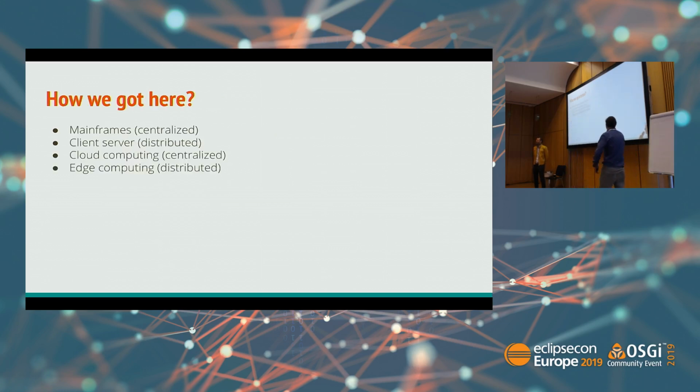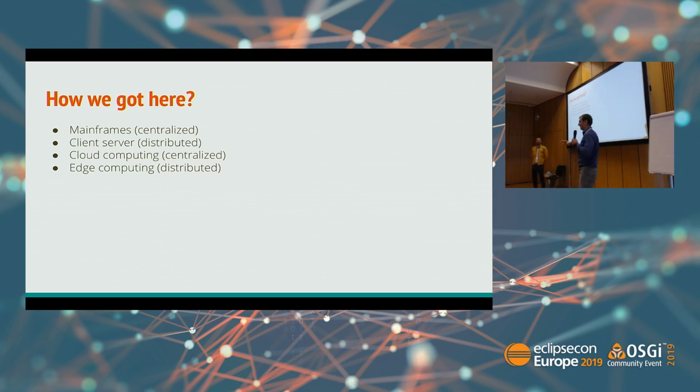I found this very useful when I was trying to dig up a little bit about how computing generally changes over time, and you can see we are going from centralized compute to distributed compute, and back and forth, right?